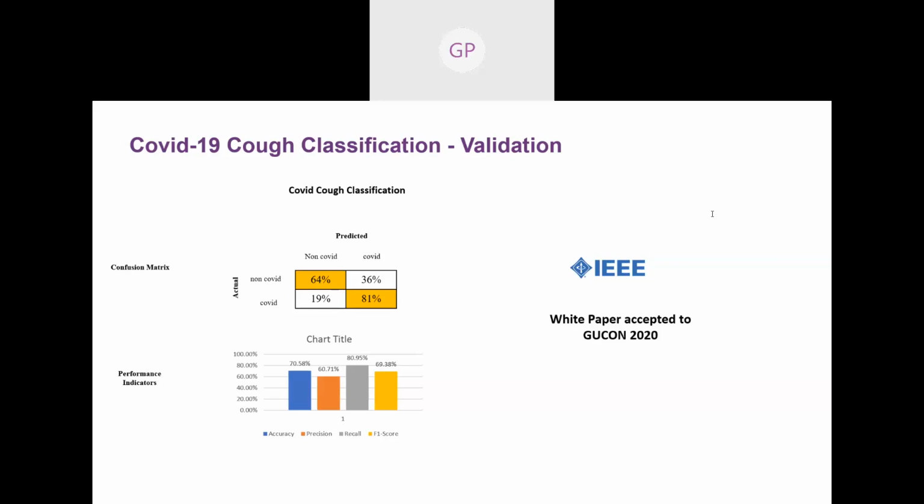Even if a few more cases fall into the COVID bucket that are not COVID, it's still okay, because they then have to go through the actual RT-PCR testing. But we don't want to lose the patients who are actually carrying COVID. So the focus was on a higher recall, a higher percentage of people falling into the true positives, even if more people who are not carrying the infection also fall into that bucket. That is what the confusion matrix is telling.